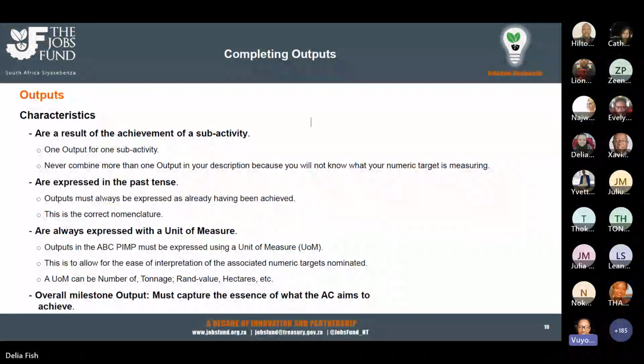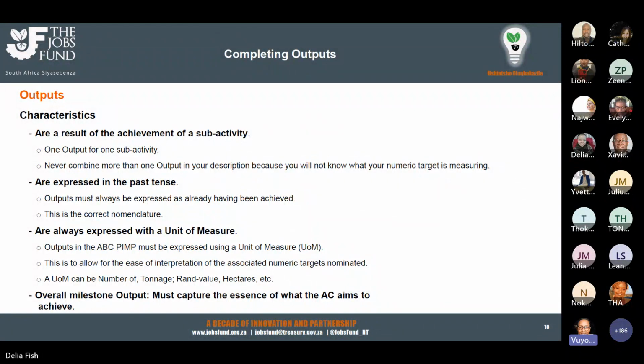So all your outputs must have a unit of measure that expresses them. Why? Again, because your target is a numeric value only on the ABC PIMP. So in order to be able to interpret and understand what the numeric value is, it's important for you to have a unit of measure as part of your output.